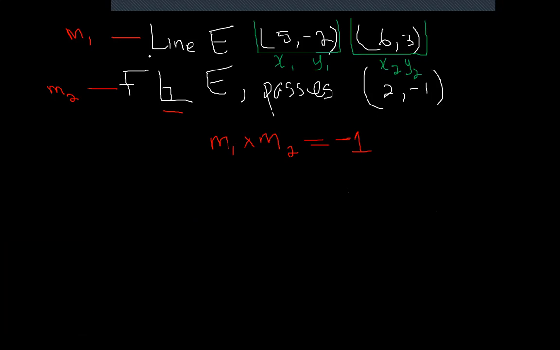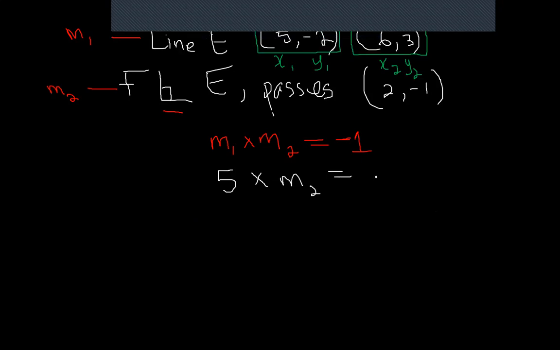So we found that M1, the gradient of line E, is 5. And we know that F is perpendicular to line E. So whatever the gradient of F is, when multiplied by 5, the product would be -1.